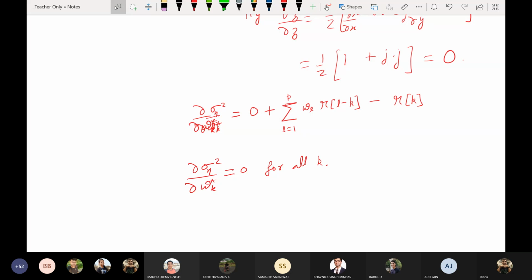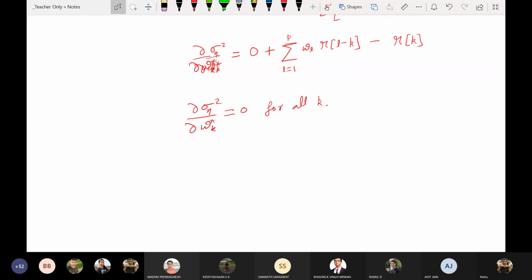The condition is that the derivative should be 0 for each of those variables for a minimum or maximum. In this case, this is the derivative. This I leave out as an exercise. It shouldn't be hard; if it seems hard, I can possibly do it in some lab session for you.